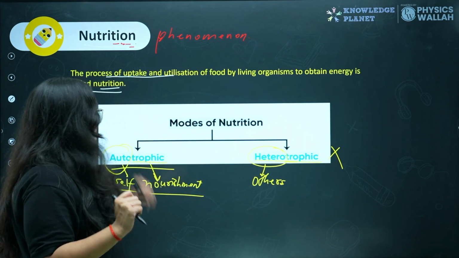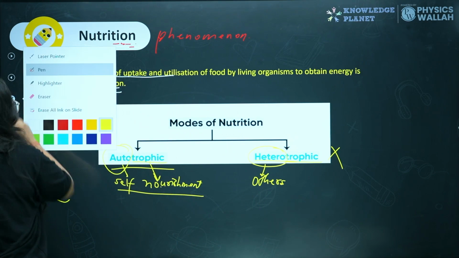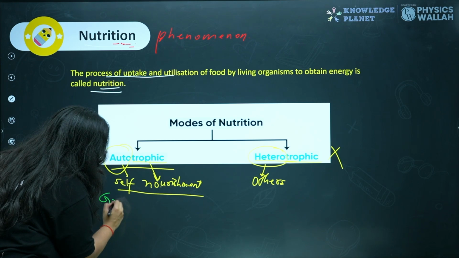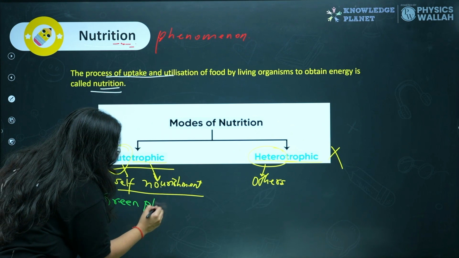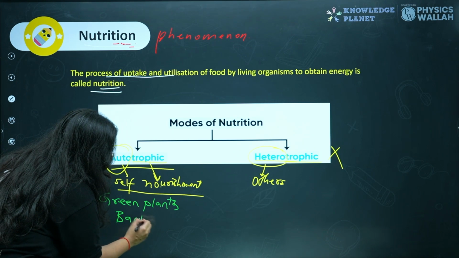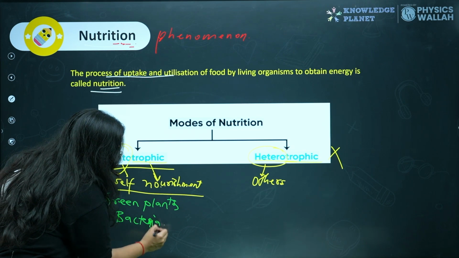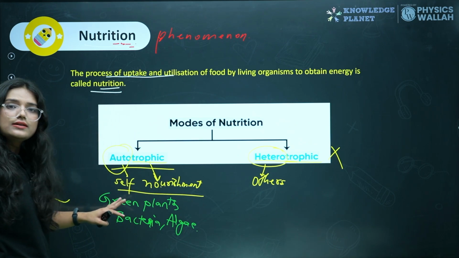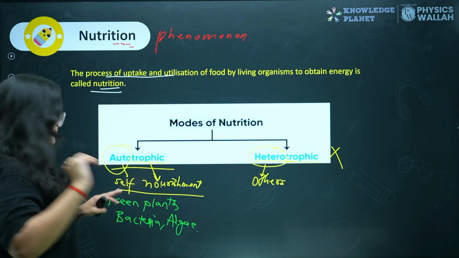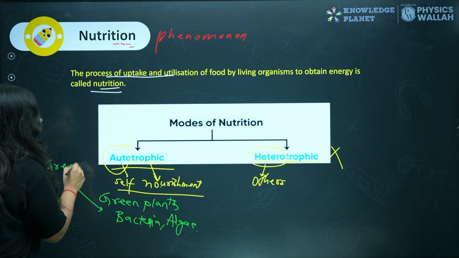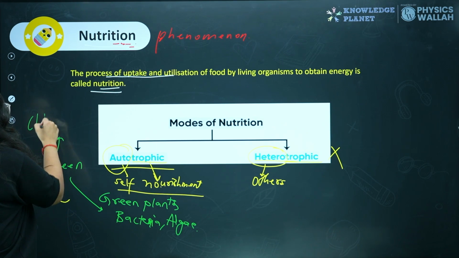Alright, now let's talk about who are autotrophs and who are heterotrophs. So let's suppose that the green plants, certain bacteria and green algae consist of a special magic pigment, okay, and that gives them green color, and that pigment is chlorophyll.